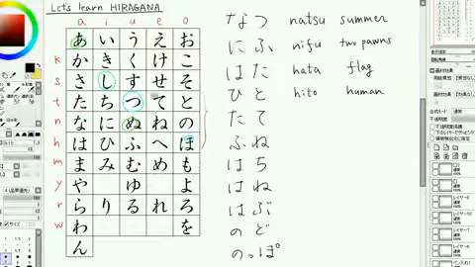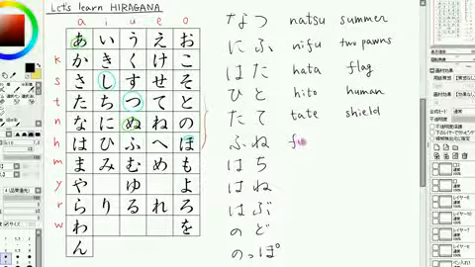Okay, here and here. So tate, tate, which means a shield. Okay, next one. Fu again, and here. So it's fune, fune, which means a ship.